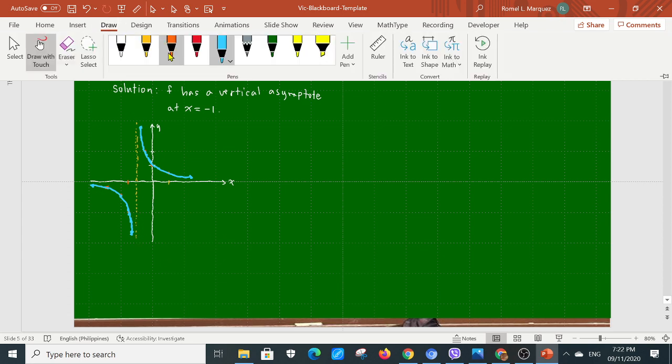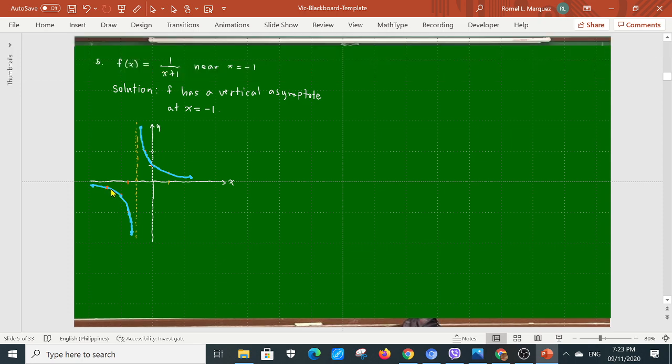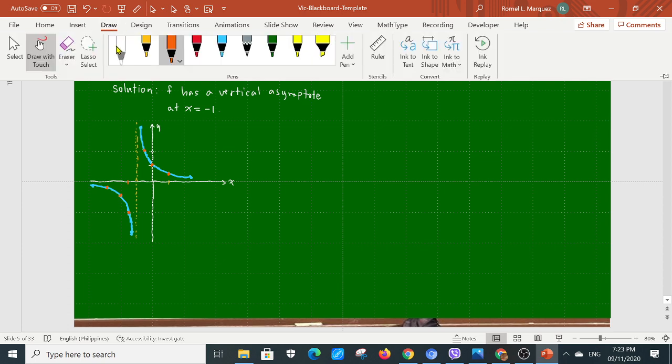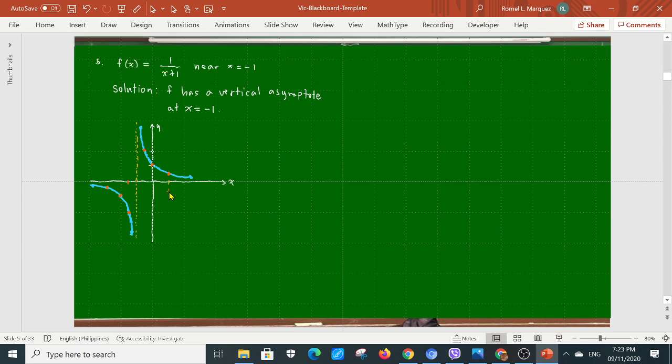Then, let me emphasize some of those that I considered points. So this is 1. We are interested in x equals negative 1. This is x equals negative 1.